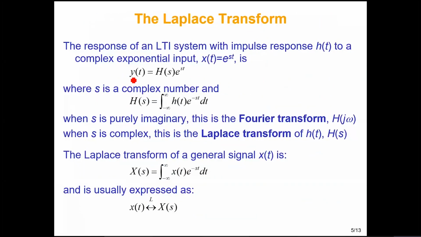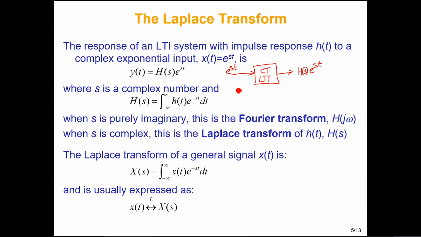So coming over to the Laplace transform, as I mentioned, we saw this mention of Laplace transform when we were studying continuous time LTI systems, and we gave the concept of eigenfunction. If an eigenfunction is given as an input, the output is the same eigenfunction multiplied by the eigenvalue.